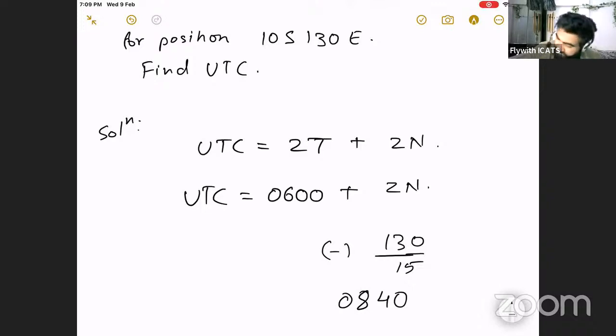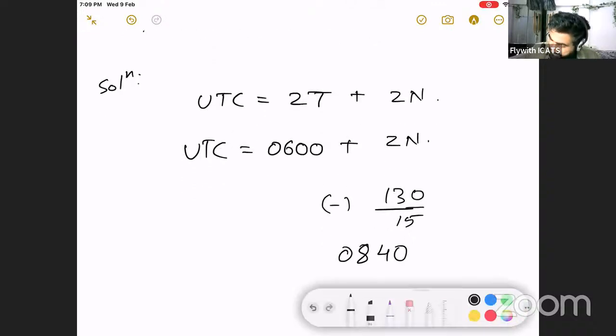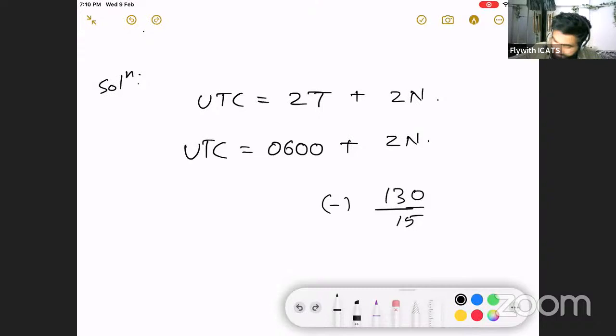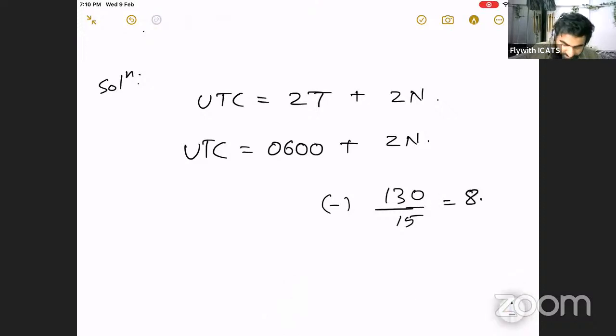Just a second, okay, students, my bad. I'm complicating it. 130 divided by 15 gives me 8.66. It is more than 0.5, so I'll round it off to 9. And my zone number is -9. So easy to get.